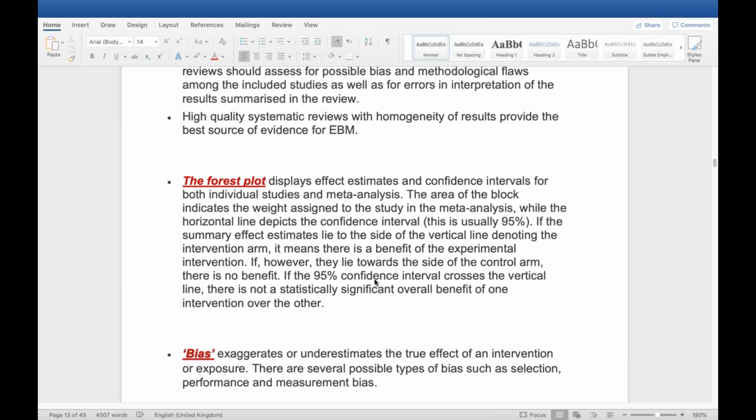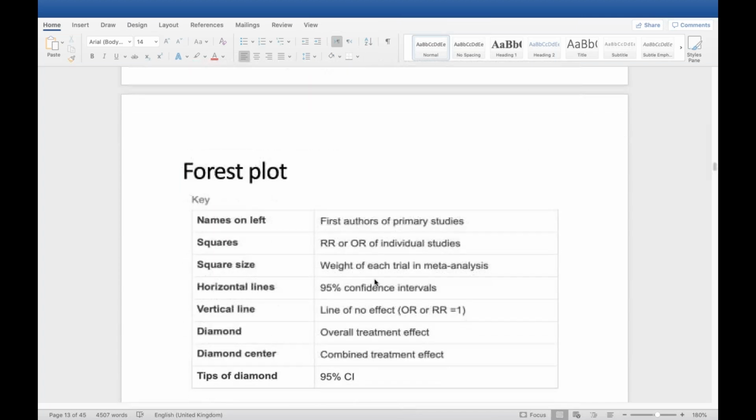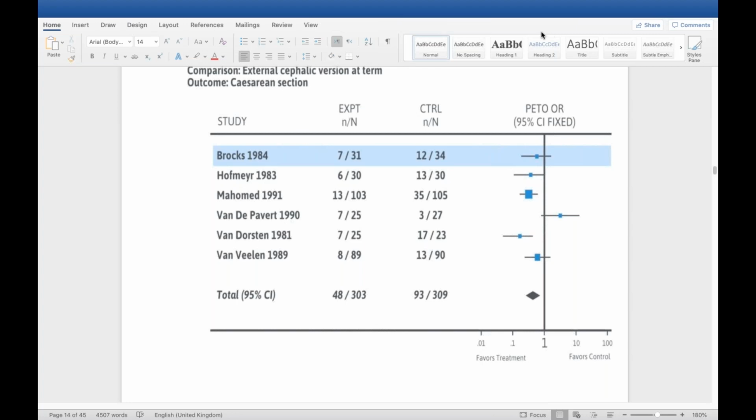So this might be confusing, but if I scroll down here, it might be less confusing. Okay, imagine that this is a study. This is surgery here.